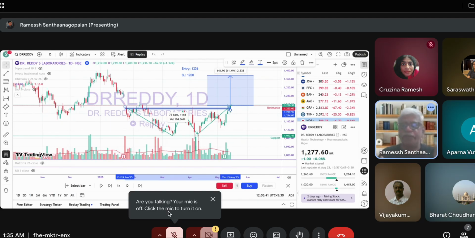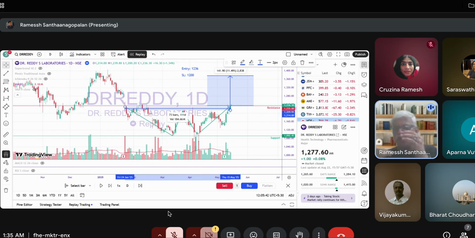It was accumulated for 73 days. Coming down, going up, coming down, going up, from support line to resistance line. Within that it is moving, for 73 days it was happening.